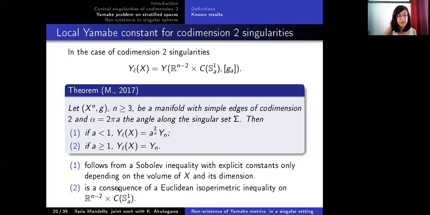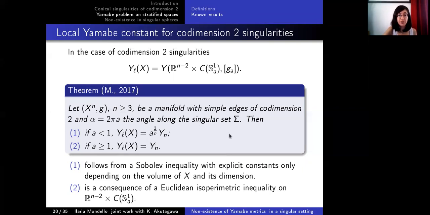The second one is a bit easier, and the idea is that you prove a Euclidean isoperimetric inequality on the space R^(n-2) cross the cone when a is bigger than 1. And when you have a Euclidean isoperimetric inequality, you also have the same Euclidean Sobolev inequality that you have on R^n, and this Sobolev inequality has an optimal constant that gives you the Yamabe constant of the sphere.